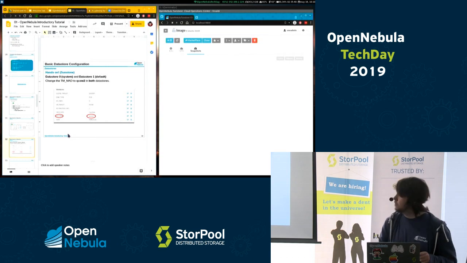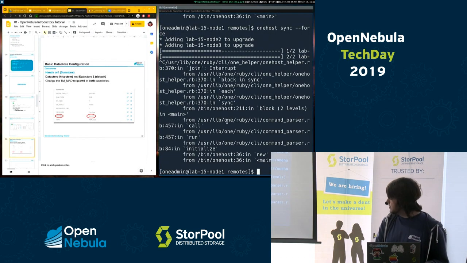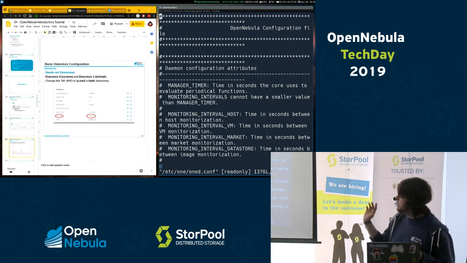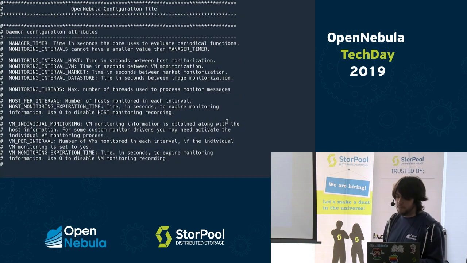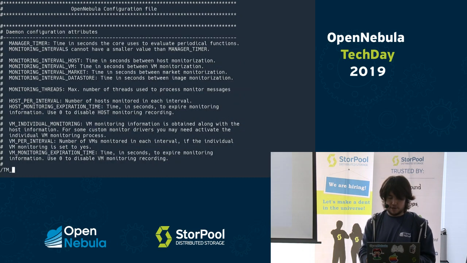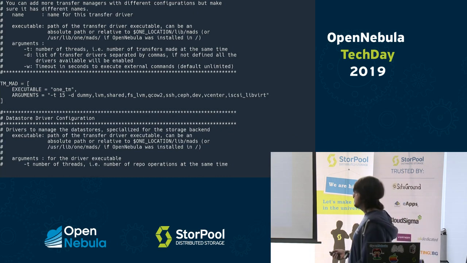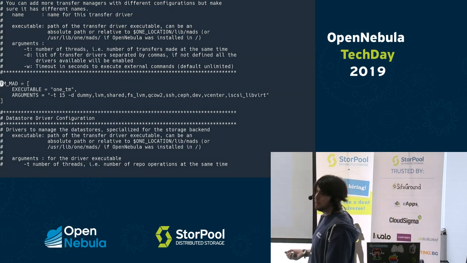I will show you where you can configure them. This is in the /etc/one/oned.conf. Remember, this is the configuration file for OpenNebula. And if you search TM_MAD, you are going to see all the transfer managers that we support by default.